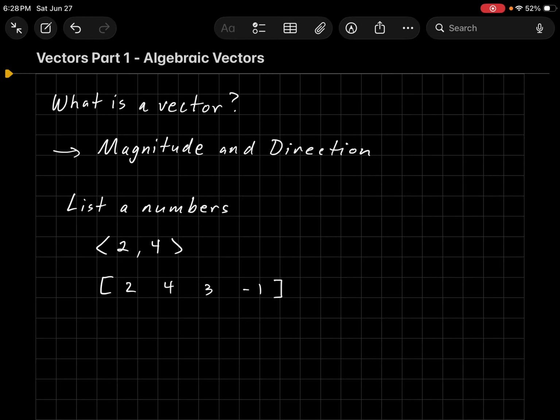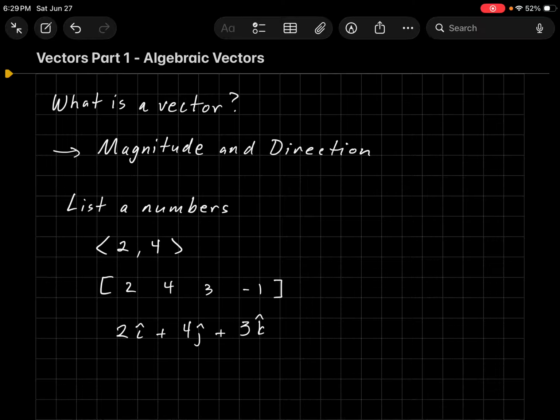In fact, that's what it is. We call that a row vector. But it could also be written in another form, like 2i plus 4j plus, say, 3k. So, of course, what I've done here is I've given 3 different vectors. They're not the same thing, but just 3 different forms of writing vectors.